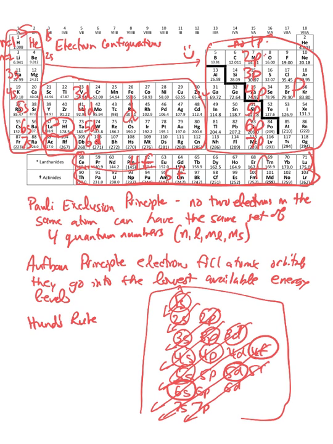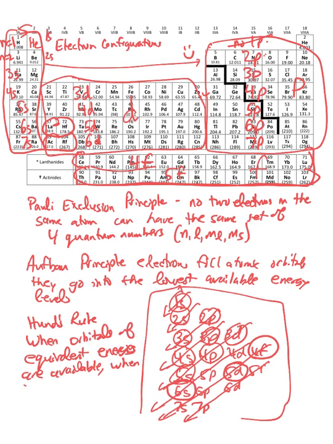One last thing to talk about, Hund's rule. And that says that when orbitals of equivalent energies are available, when filling orbitals, electrons go into separate orbitals.